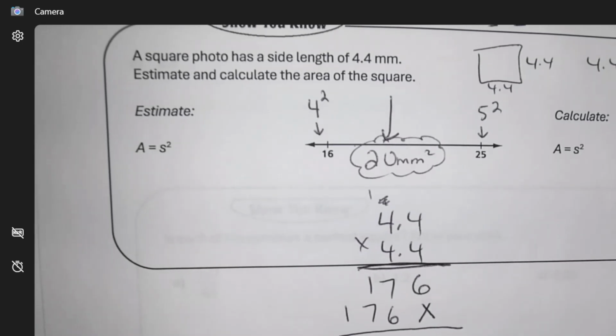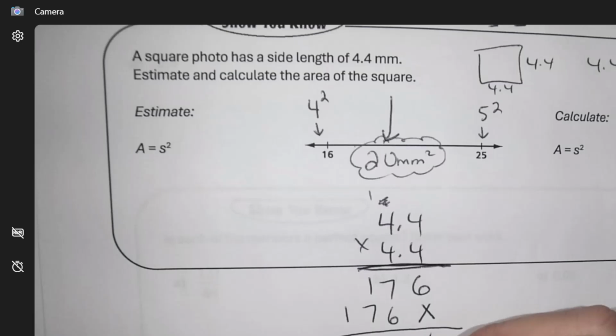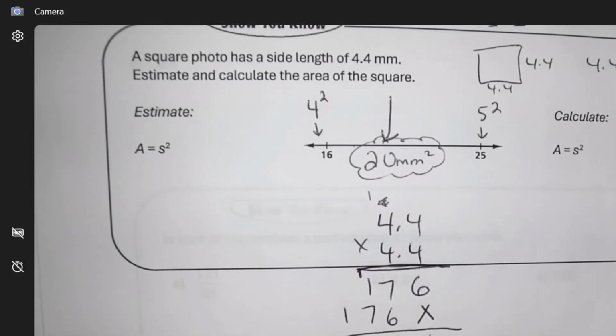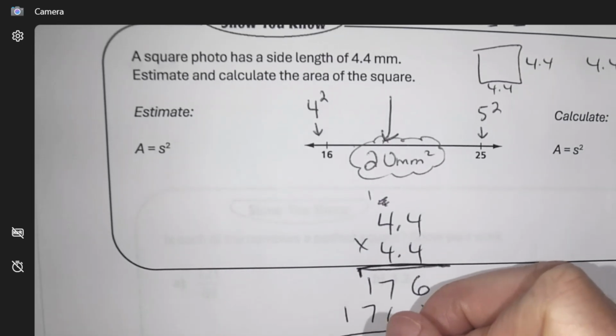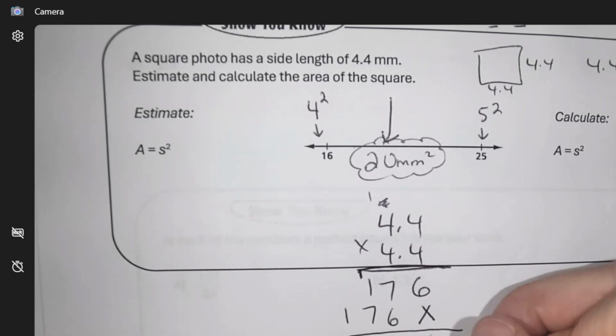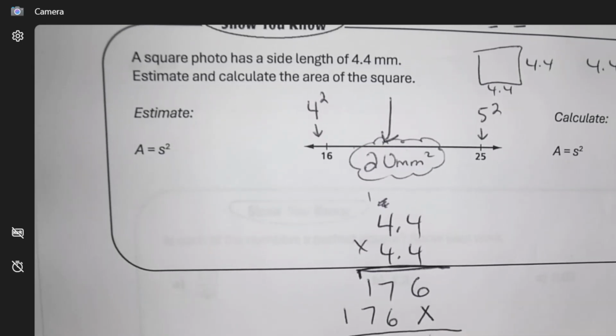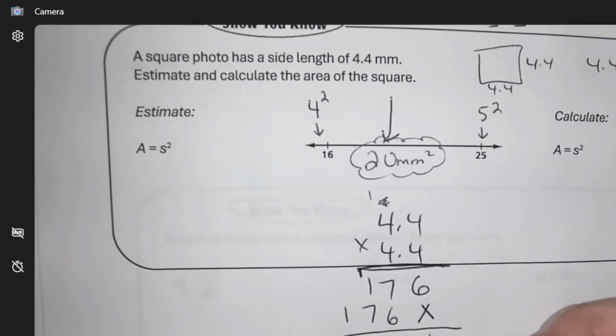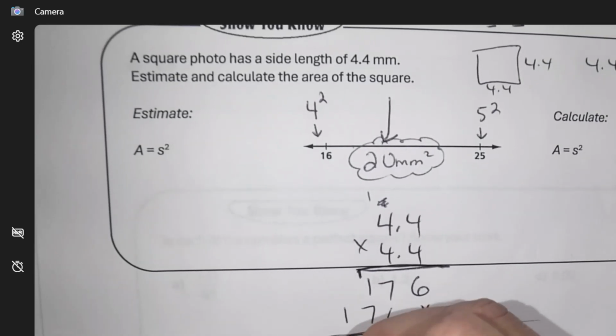It actually ended up being the same number, right? So we get a 6, 13, 9, 1. Decimal position, 2. Look at that. Very close again.